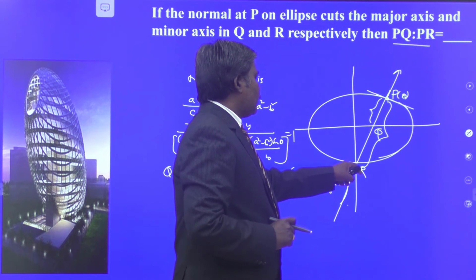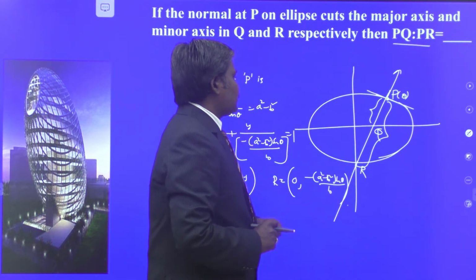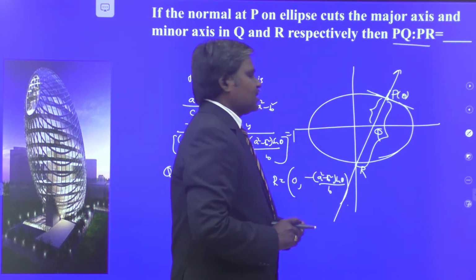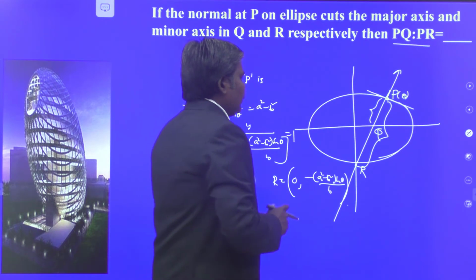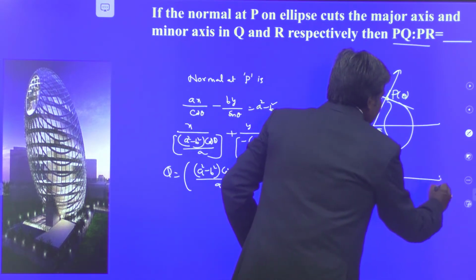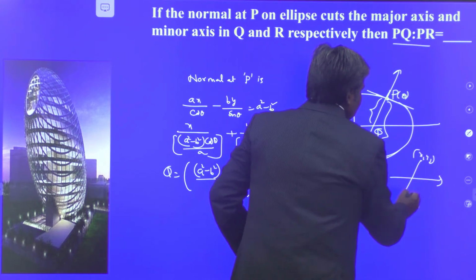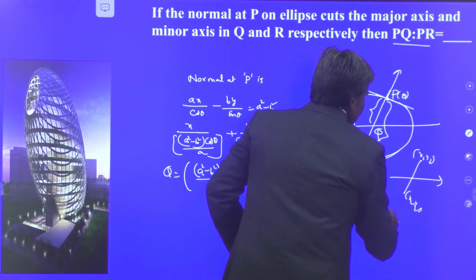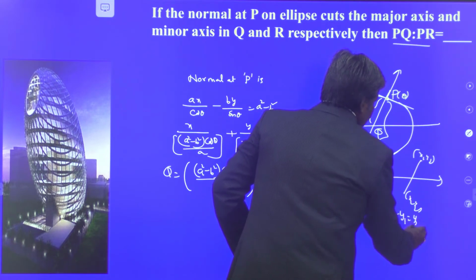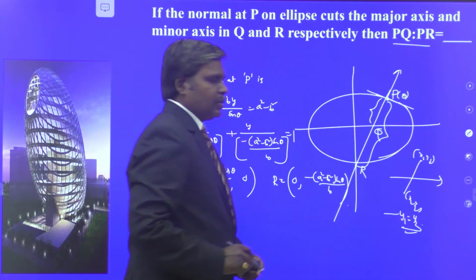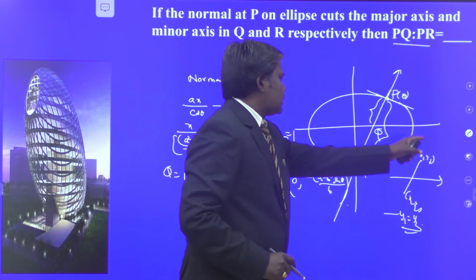This is R, the point of intersection of the normal with the y-axis. We know that the x-axis divides the line segment joining (x1, y1) and (x2, y2) in the ratio minus y1 is to y2. We use that one. This is your x-axis.